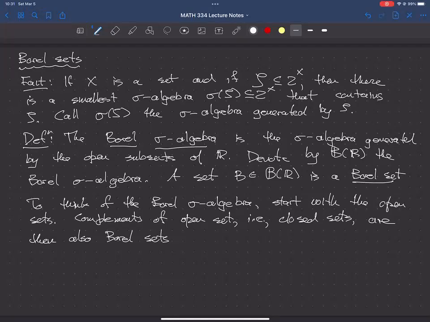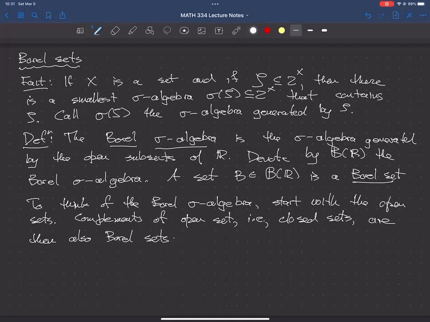That's just using the property of a sigma algebra. A sigma algebra, as we saw last time, has the property that if a set is in there, then so is its complement. So if the open sets are in the Borel sigma algebra, so too must be the closed sets.